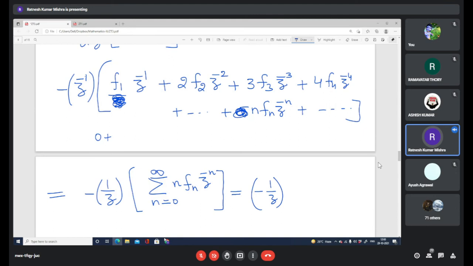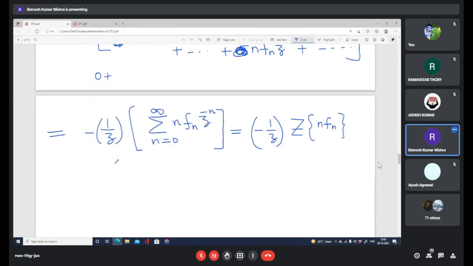Better to write it as minus 1 by z in brackets. And this is the Z transform of what? Anyone? n fn, correct. n fn. So therefore we see that the Z transform of n fn is, send this to the other side. What is this?